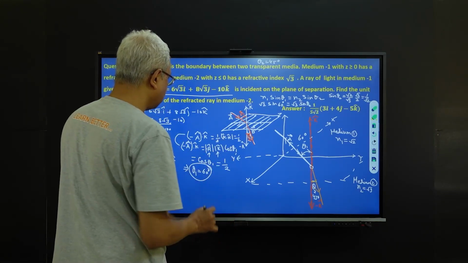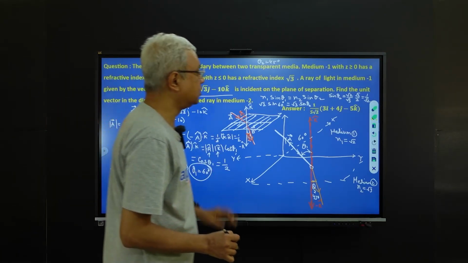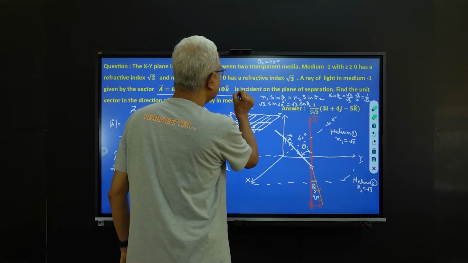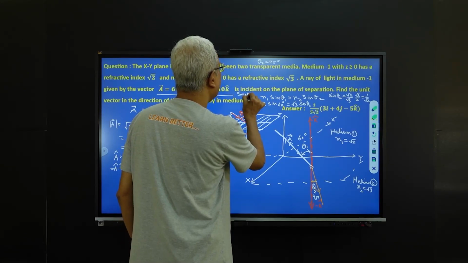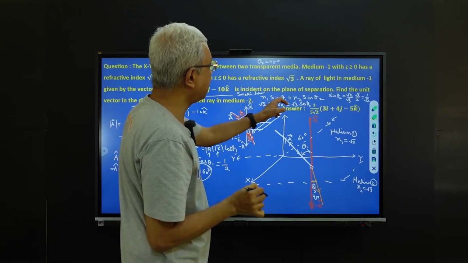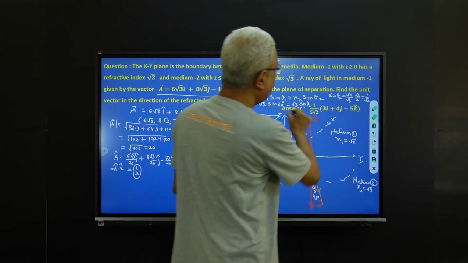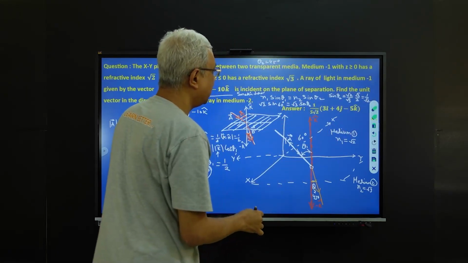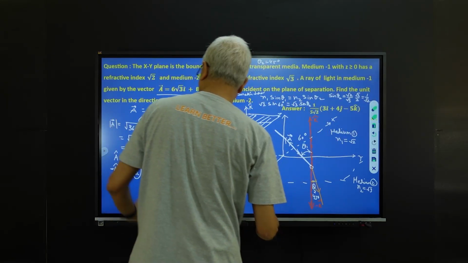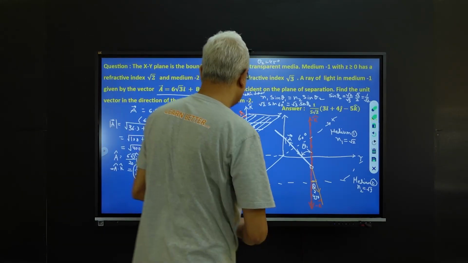Therefore, it is cos theta 1. So cos theta 1 is half, from which we found theta 1 is 60 degree. Now applying Snell's law, n1 sin theta 1 is equal to n2 sin theta 2, and from that we found theta 2 is equal to 45 degree.